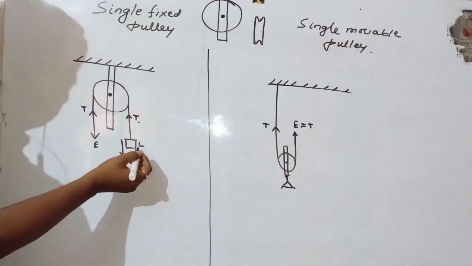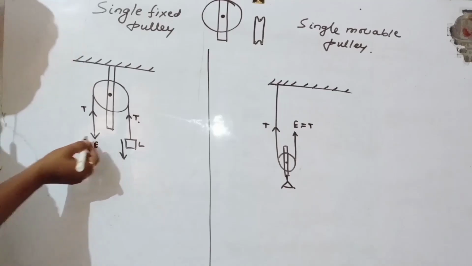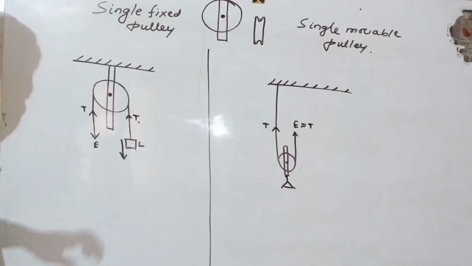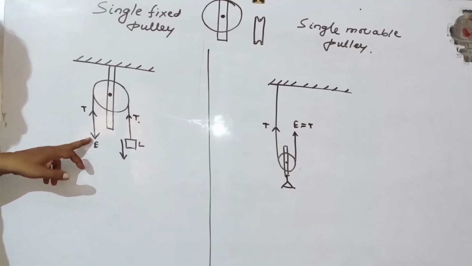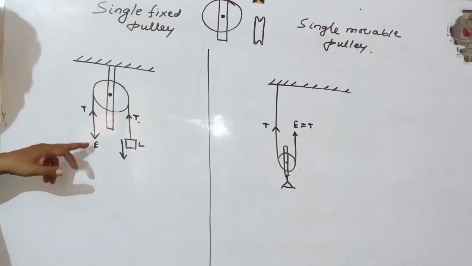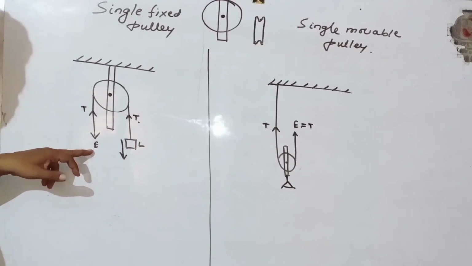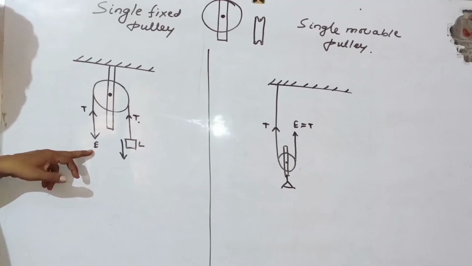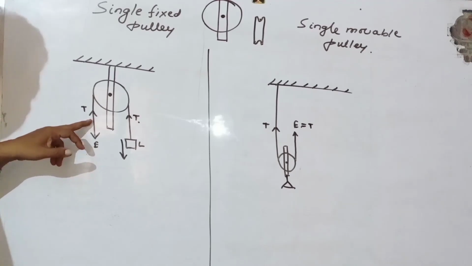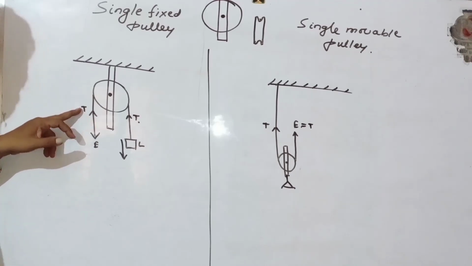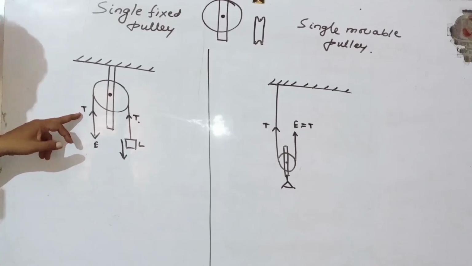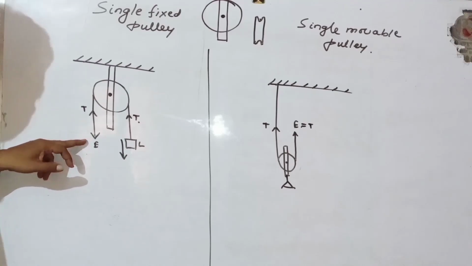In a single fixed pulley, here is a load, and at this free end of the string we apply the effort. This effort is the force applied by the external body to the string, and the string also applies an equal and opposite force on the external agent.